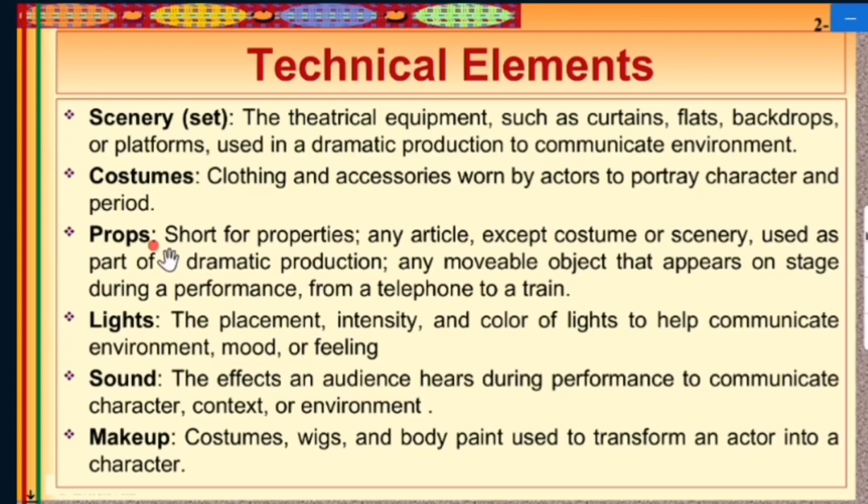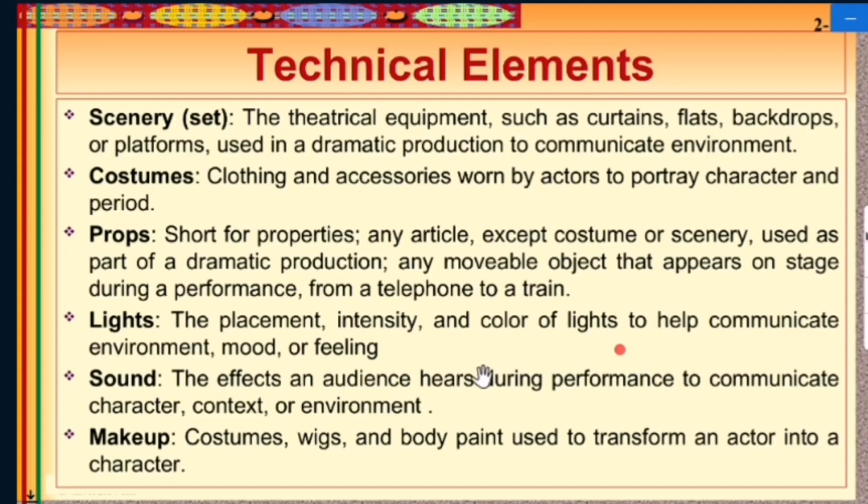Props have been discussed earlier in some slides also. Props are properties, any article except costume or scene used as part of a dramatic production. Any movable objects that appear on stage during a performance, from a telephone to a train. That is called props. The next one is lights, the placement, intensity, and color of lights to help communicate environment, mood, or feeling.